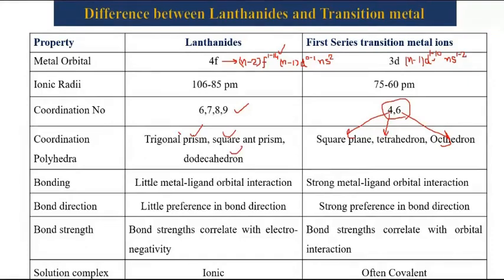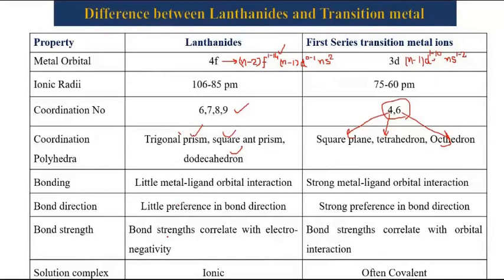There will be a very poor interaction between metal and ligand in case of lanthanide. However, in case of transition metal, the interaction is very strong. Bond directions: lanthanides have little preference toward bond direction, while transition metals have a strong preference. Now bond strength correlates with electronegativity.